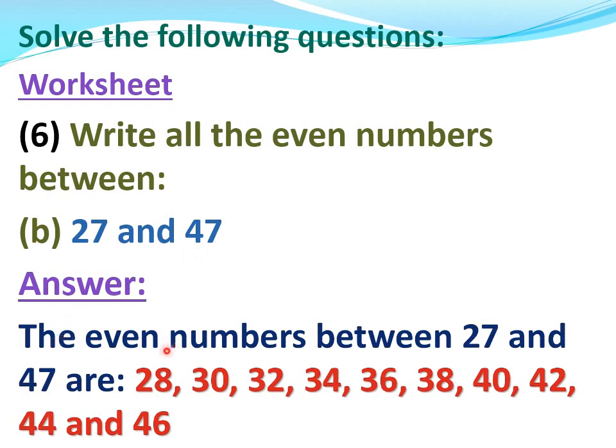Answer. The even numbers between 27 and 47 are 28, 30, 32, 34, 36, 38, 40, 42, 44 and 46. Now D part: 91 and 100.